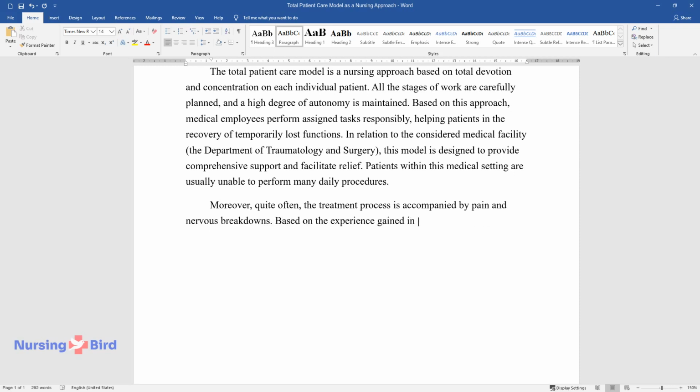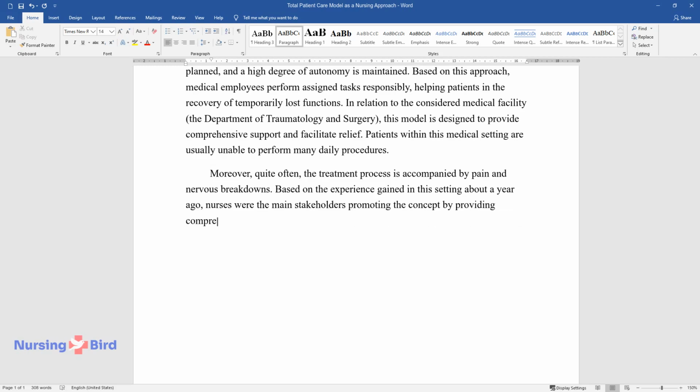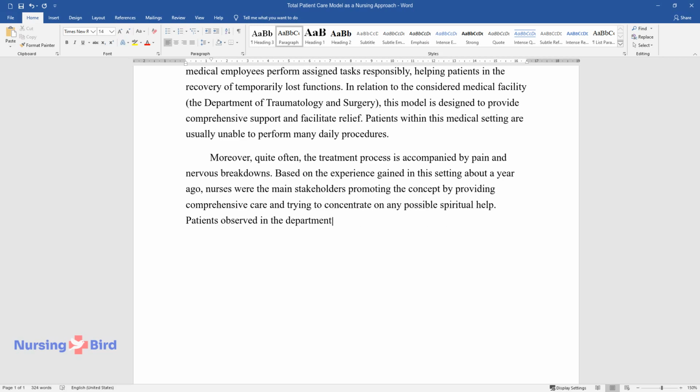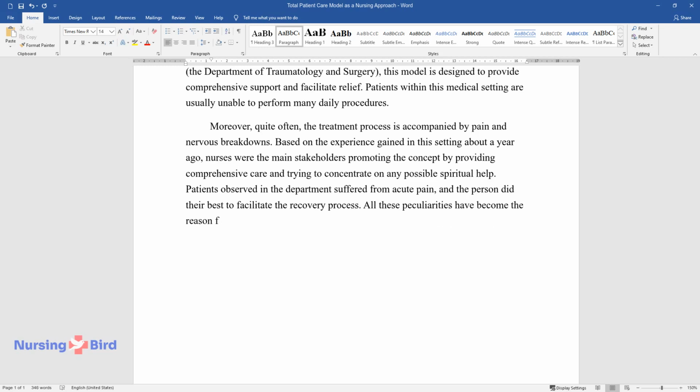Based on the experience gained in this setting about a year ago, nurses were the main stakeholders promoting the concept by providing comprehensive care and trying to concentrate on any possible spiritual help. Patients observed in the department suffered from acute pain, and the person did their best to facilitate the recovery process. All these peculiarities have become the reason for choosing this model and analyzing its peculiarities.